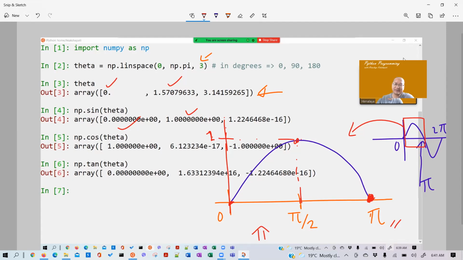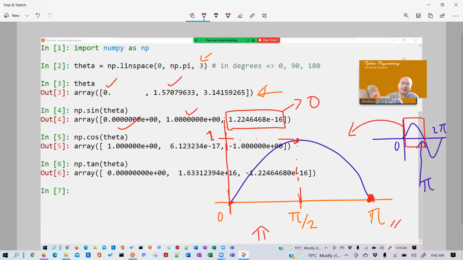Look here, it is extremely close to 0, 1.22 times 10 to the power minus 16, and you see effectively it's 0, right? So does it make sense?